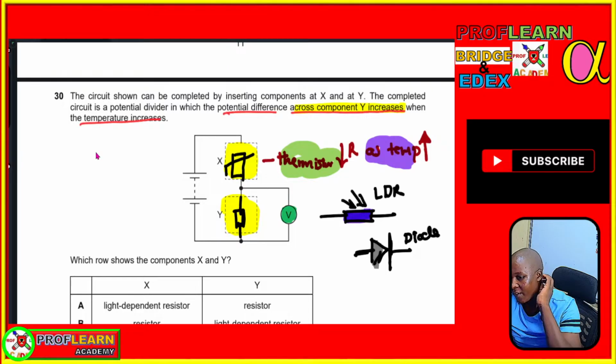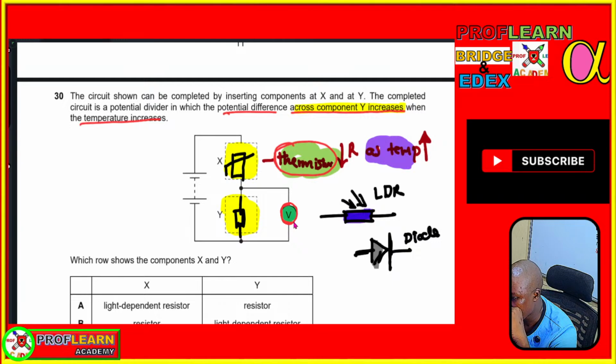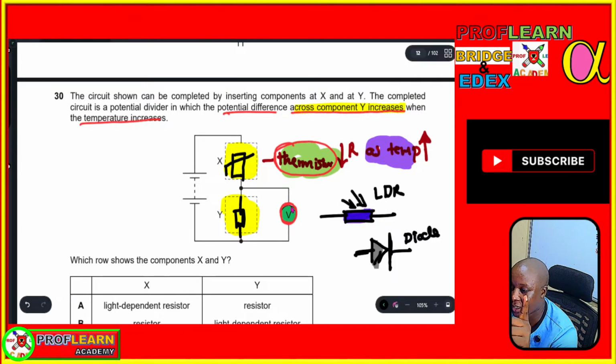So if you are told about temperature, then we are talking about a thermistor, because a thermistor is the only device whose resistance is affected by temperature. So if the PD here increases when the temperature increases, it means a thermistor is placed here.